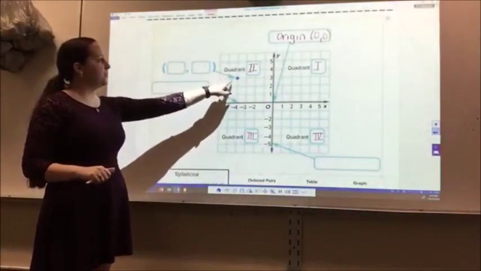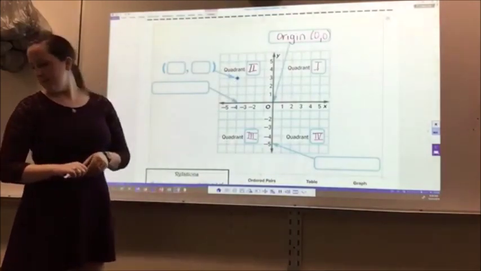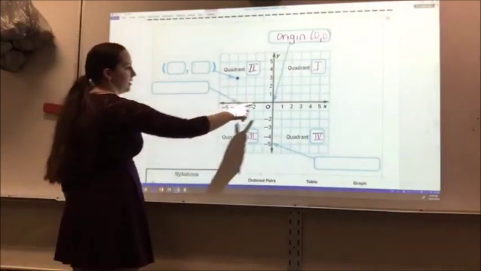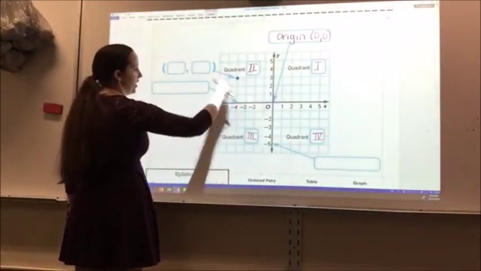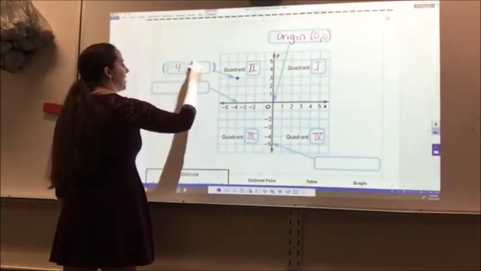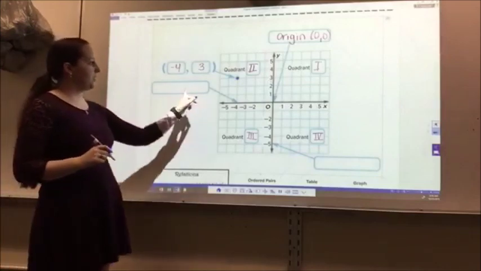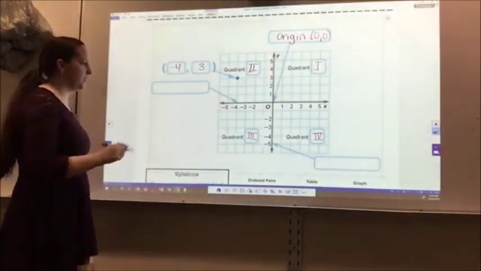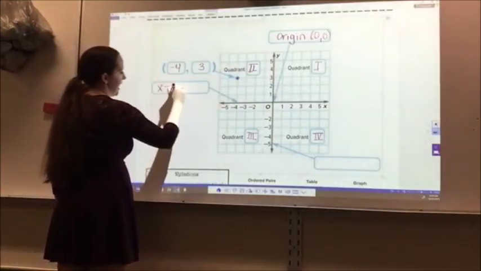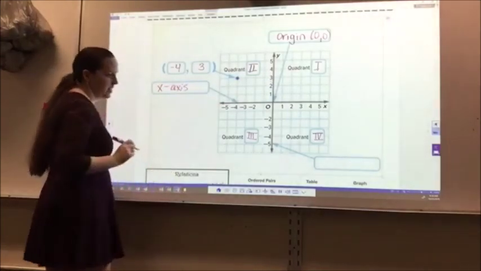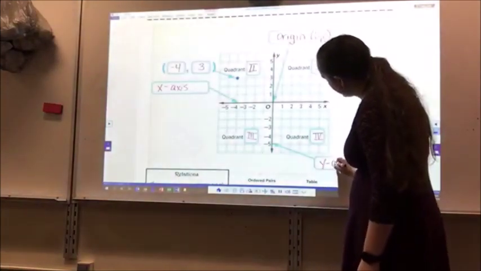Right here, where it's pointing to the dot, that is -4, 3. My x value is -4, my y value is 3. This box here that's pointing to this line is the x-axis. And this box here is pointing to the y-axis.